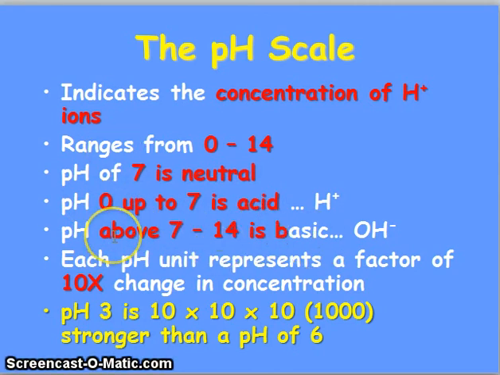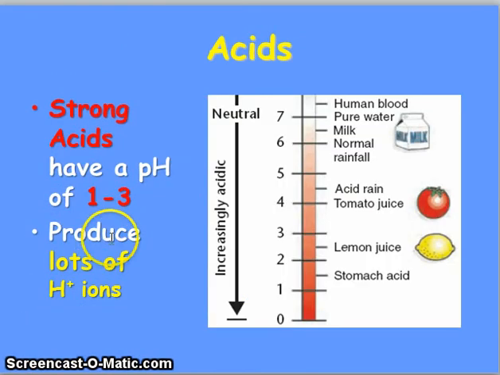What I want you to know for the pH scale is what the scale is, that it's really the amount of hydrogen in it, or hydroxides for 7 to 14, but just have an understanding of the scale.